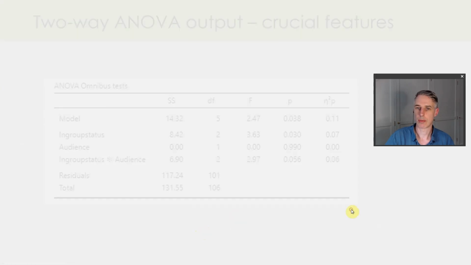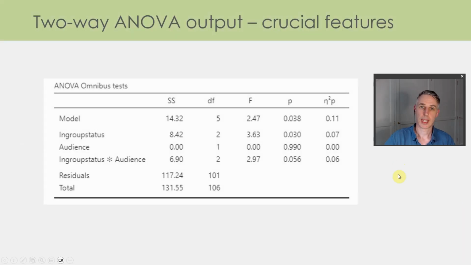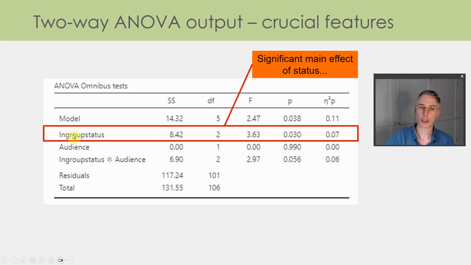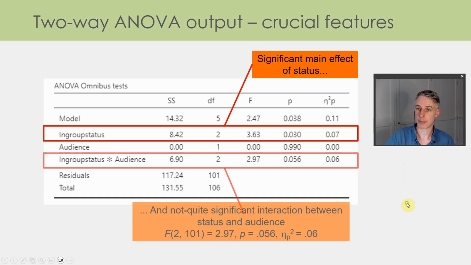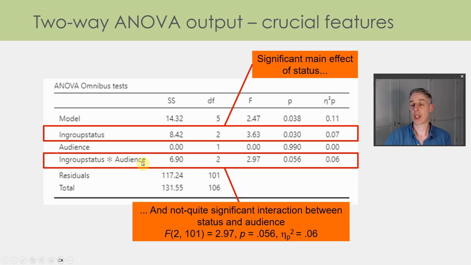Okay, so again, just to reiterate, key bits of the output to emphasize here. We've got our 3 effects from our two-way design, the 2 main effects and the interaction. The main effect of status is significant. But the interaction between status and audience, that test of whether the effect of status is different at different levels of audience, was not quite significant.